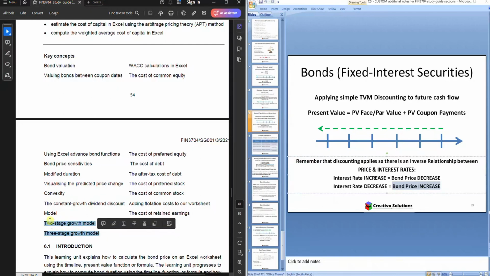Two-stage, maybe we could be increasing dividends to a point and then it stays the same, or it could stay the same for a bit and then increase. Three-stage, there could be three different stages. Maybe an increasing dividend, then it plateaus and then maybe it decreases. It all depends on your expectation. They just describe the different stages so you can do a time value of money timeline in order to calculate the dividends and discount them appropriately.